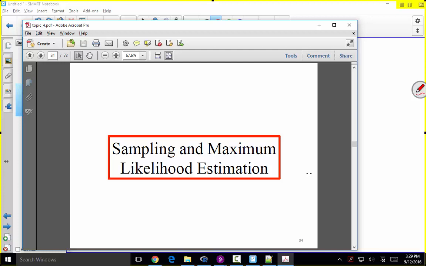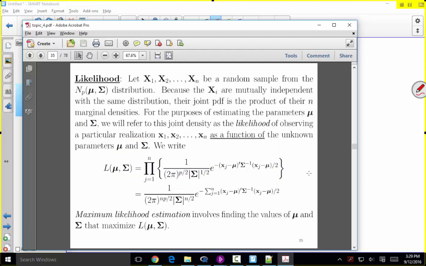Okay, let me just keep going here. Let's be reminded, or informed if we haven't been familiar with this already, of the concept of a likelihood. We're going to use likelihood multiple times throughout the class. Think about doing statistical inference. There's a population, and there's a parameter in the population that we are interested in.